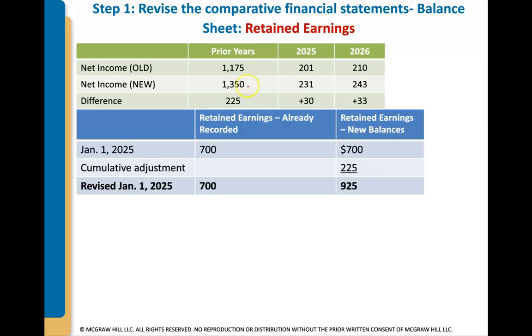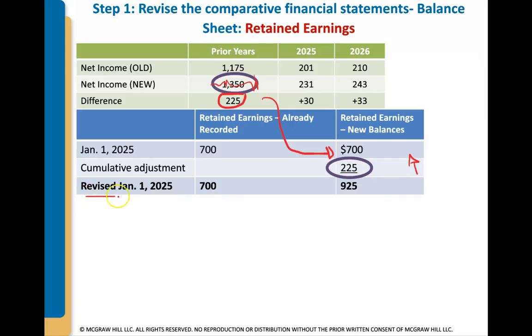And the new retained earnings balance is going to have this new adjustment, because our net income increased by $225, which means our retained earnings increased by $225.